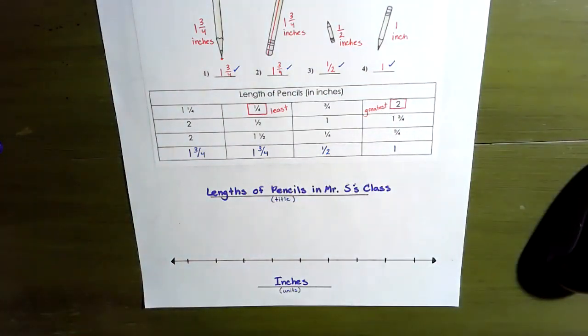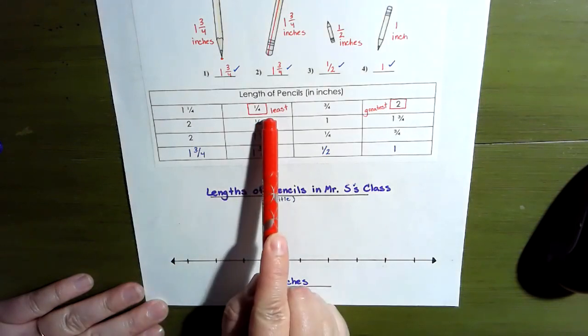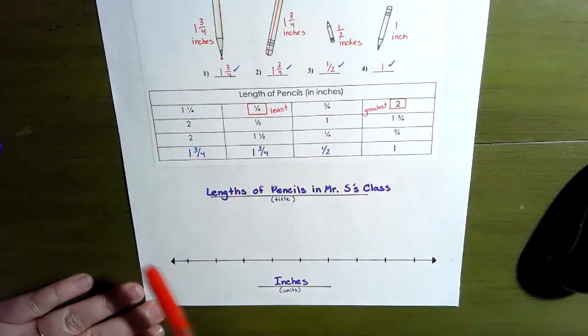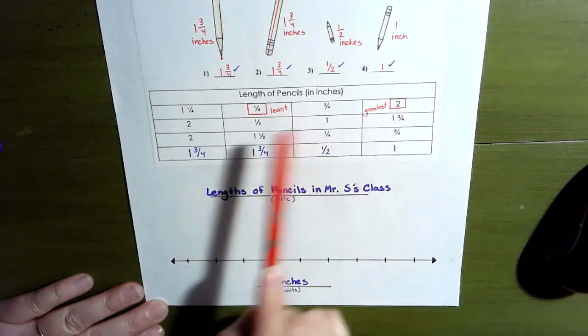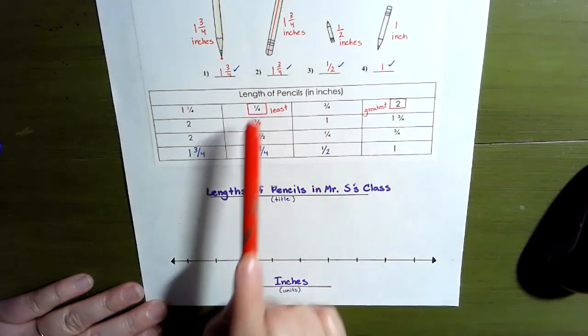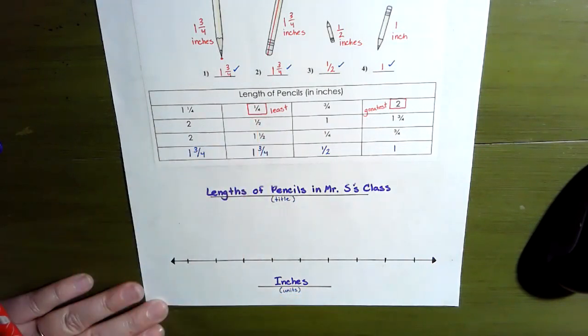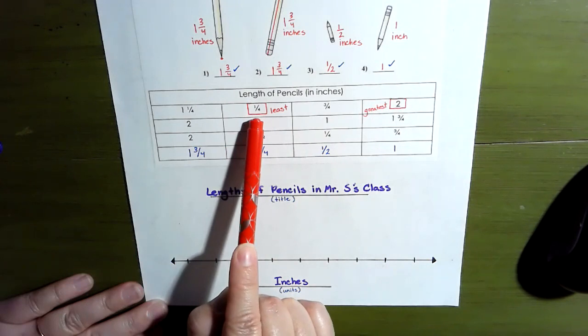So I know that my line plot will begin with my least value and end with my greatest value. Sometimes on our line plot, we want to think about if our least value or our greatest value is a mixed number or a fraction, what is the whole number that is closest to this value? So what is the whole number that is closest to 1/4? Don't get tricked.